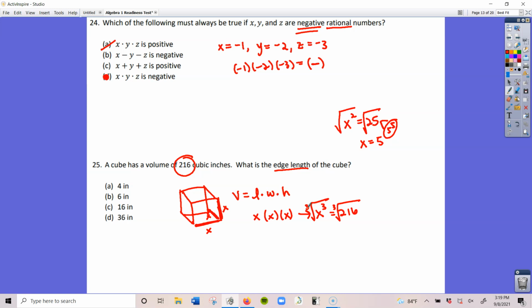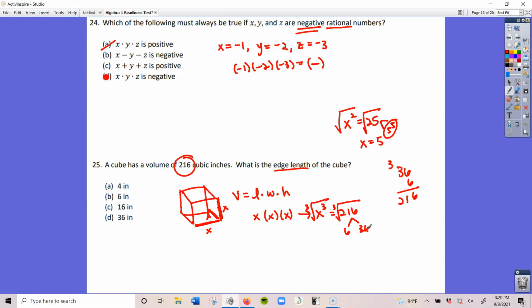But now here with the radical with this little 3 there, that means I need three identical numbers that multiply to give you 216. So let's break this down. 216 can be broken down to 6 and 36. Since 36 times 6, if I multiply that, gives me 216.